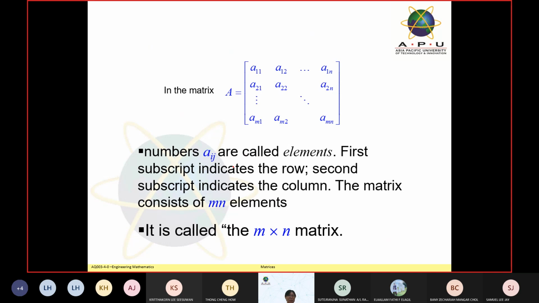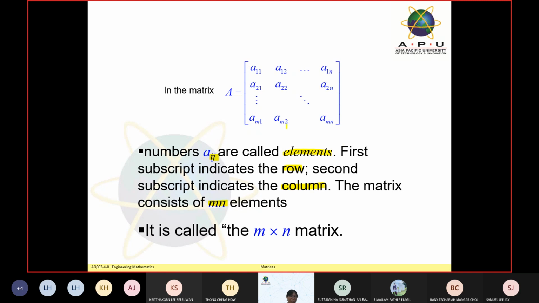For your recap: the numbers in the matrix are called elements. As I said just now, the first subscript is the row, and the second is the column. Now, how do we describe the size of a matrix, or the order of the matrix?